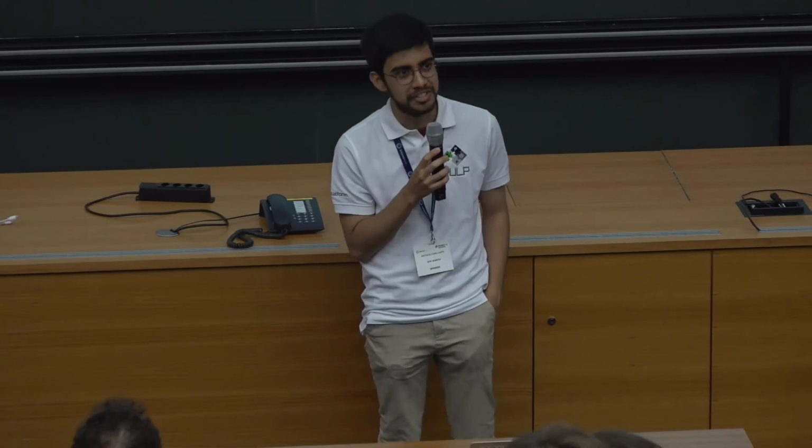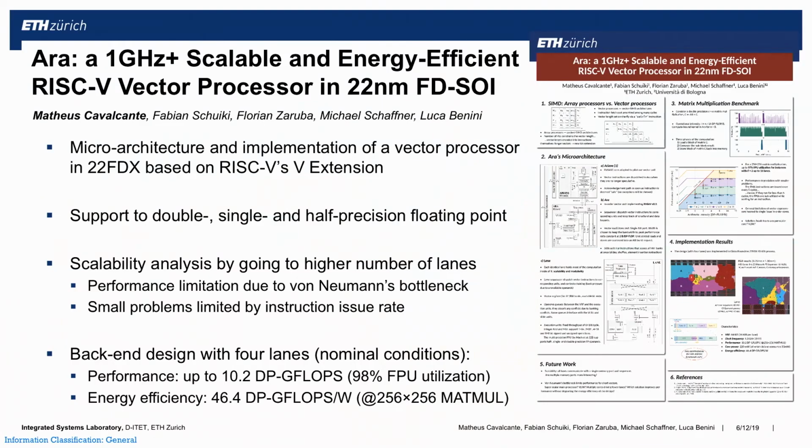Hi everyone, I'm Matheus, I'm a PhD student here at ETH, and today I'm updating the state of ARA, which is the vector processor that we have been developing here in the context of the PULP project. In my poster, I will talk about the microarchitecture and some implementation details of this unit that was based on the RISC-V vector extension and has support for double, single, and half precision floating point.